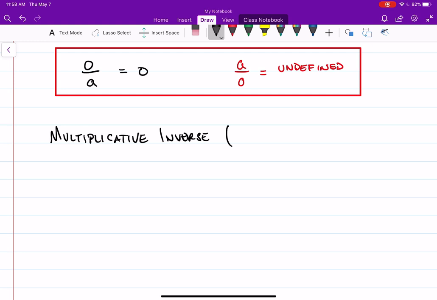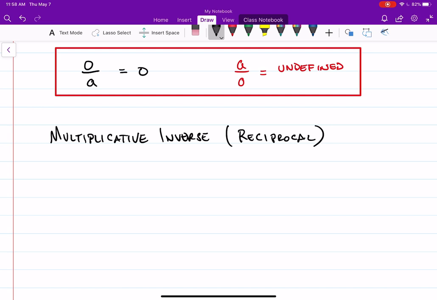This is also known as the reciprocal. Okay. So multiplicative inverse is also known as reciprocal.